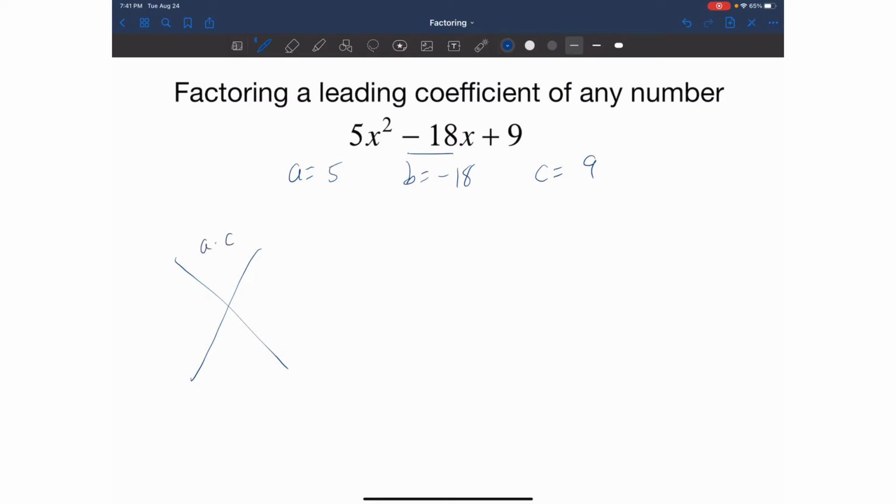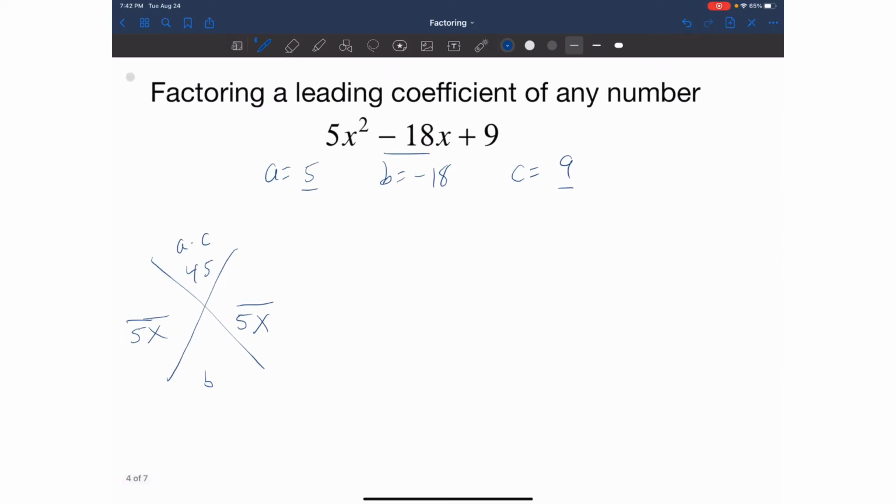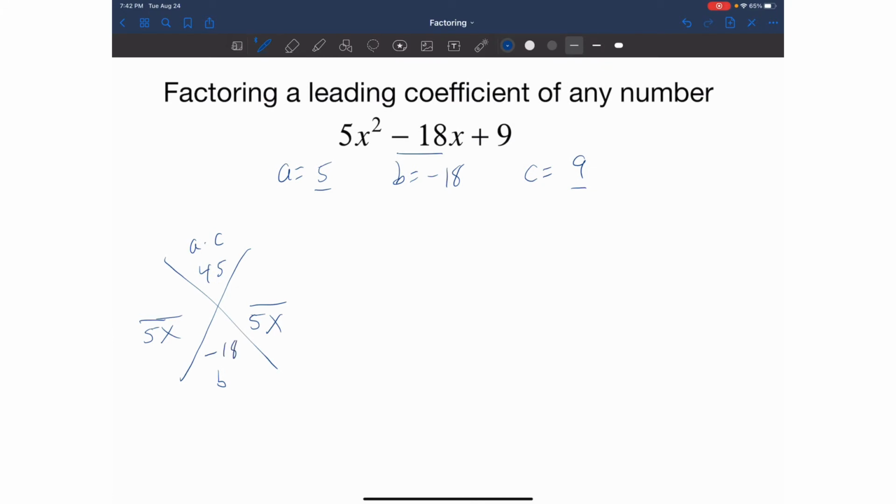A times c goes at the top, b goes at the bottom, and then we're going to divide all of that by your leading coefficient times x. So in this example, 9 times 5, which will give us 45. And then in the bottom, we're going to write a b, which is negative 18.